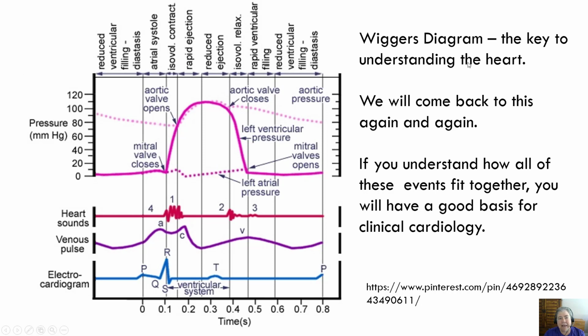So that is what we're seeing on this Wiggers diagram. Again, we could add lots more lines, but these are the ones that I think if you understand the relationship between the electrical activity, atrial depolarization and repolarization, ventricular depolarization and repolarization, okay, and the muscle contraction that occur in the atria and the ventricle, resulting in the pressure changes that cause valves to open and close, and the sounds that result from valve closure.